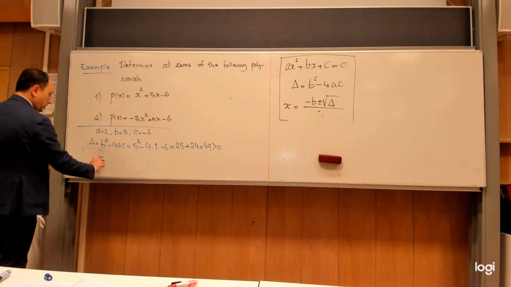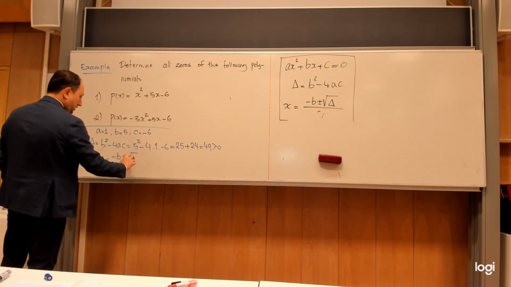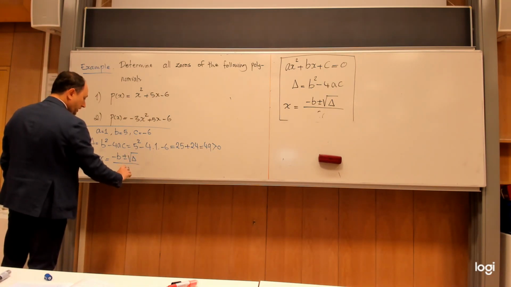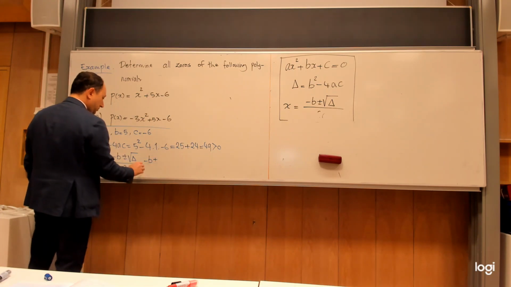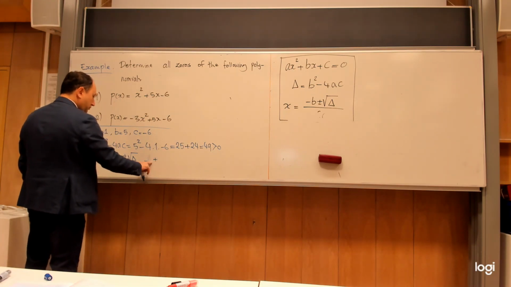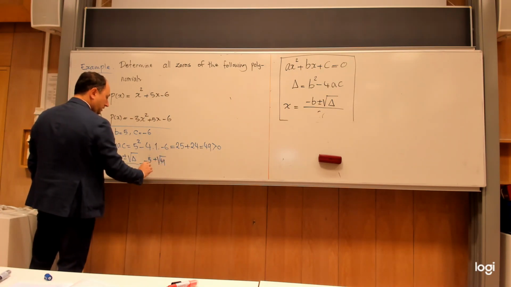And then what you write is the formula, to try to remember it finally, divided by 2a. So it becomes minus b plus or minus, instead of b I put 5, plus or minus the square root of 49 divided by 2 times a. Just let me write it 2.